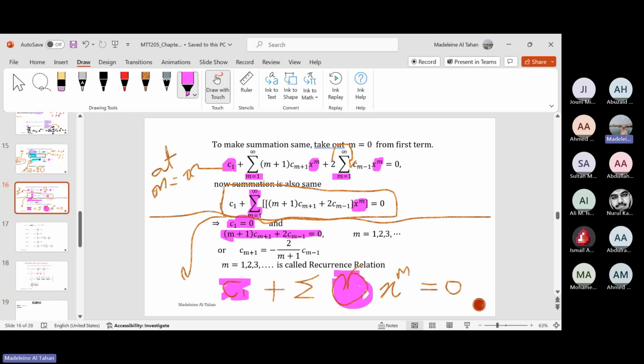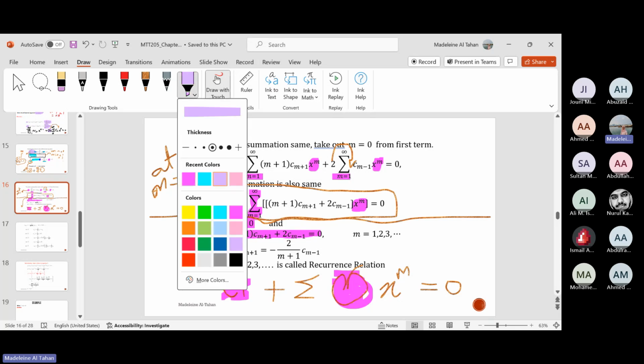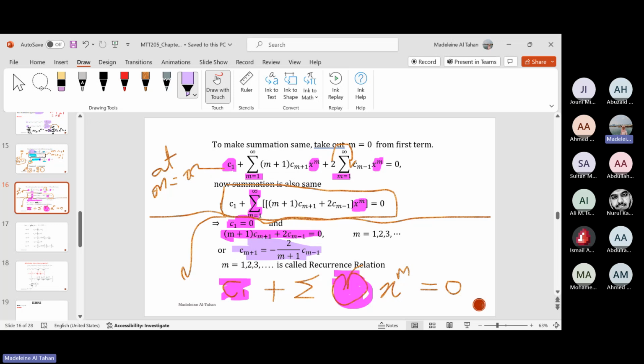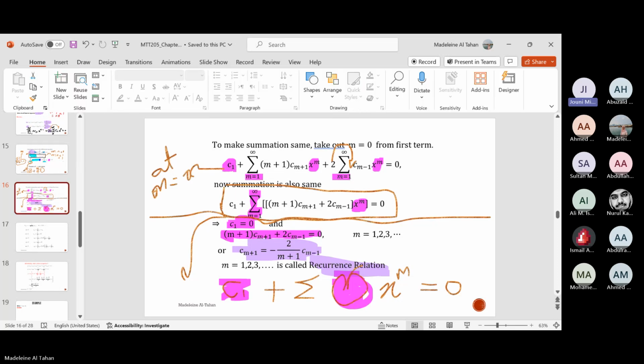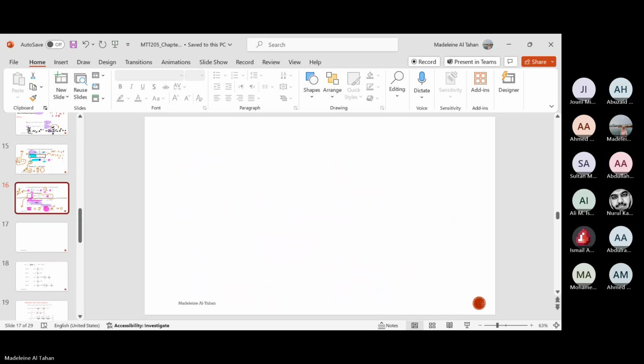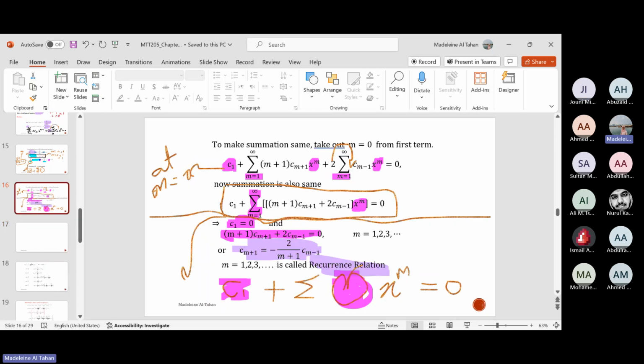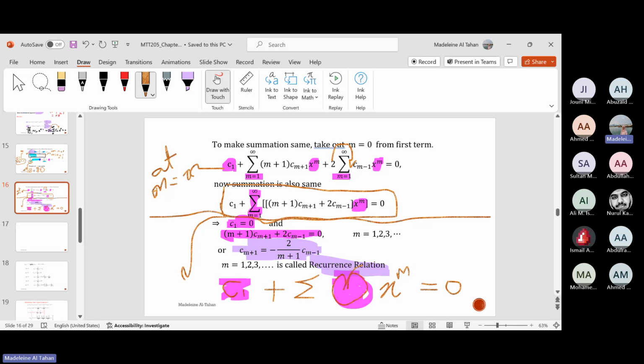Now, the recurrence relation, we get it from the m's. Which one is larger, m plus 1 or m minus 1? Plus 1. So we will write c m plus 1 in terms of c m minus 1. What will we get, miss? We will get this one, and we call it the recurrence relation. Can you repeat the last step? Okay, when you reach this one, you need to write the largest in terms of the smallest.